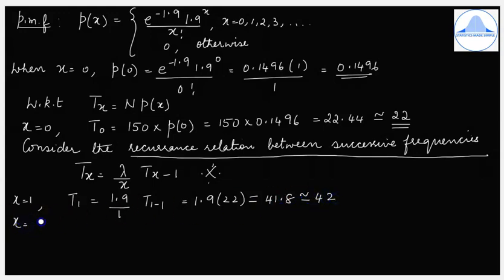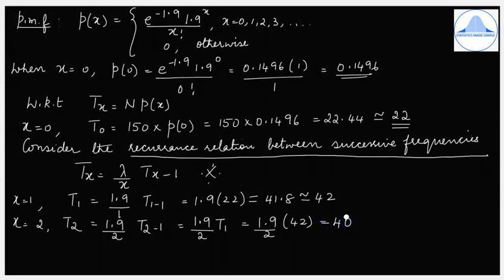Similarly, when x is equal to 2, you will get T2 is equal to 1.9 divided by 2 into T2 minus 1, which is 1.9 by 2 into T1, which is 1.9 by 2 into 42, which simplifies to 40.